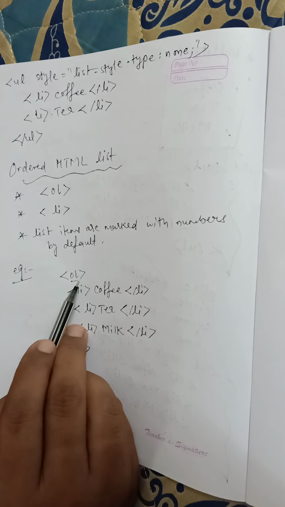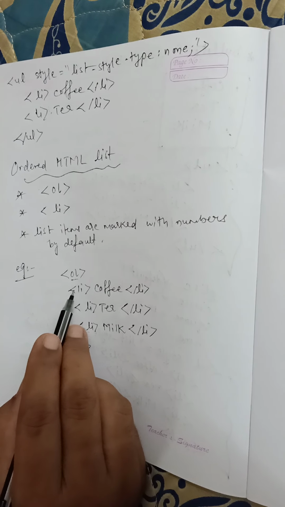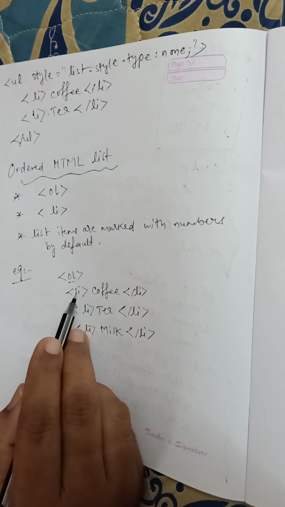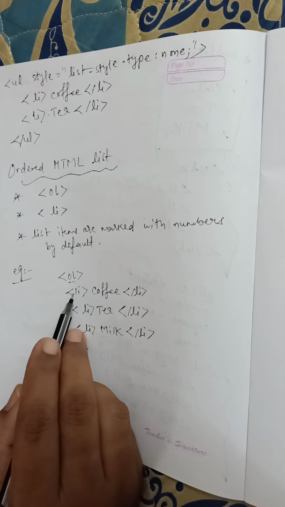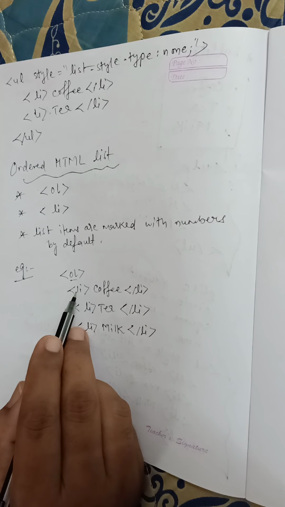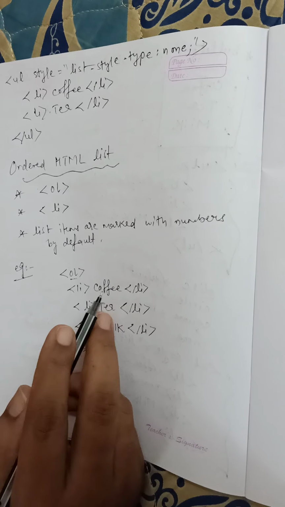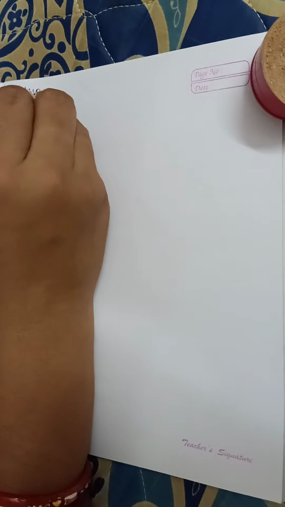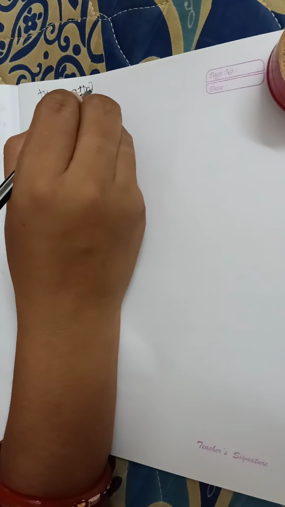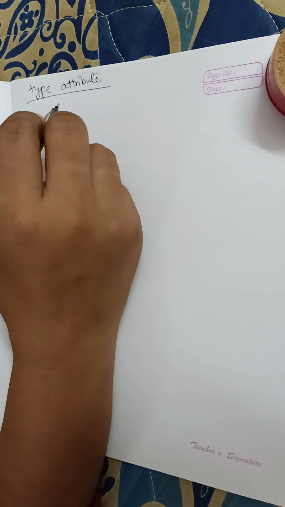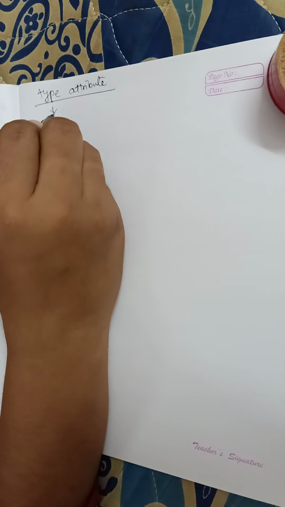Now for ordered list, to make the difference in the numbering system, usually it is 1 2 3 4, that is by default. Suppose I want to use the Roman numbers or ABCD, so where do I mention it? I can mention it using the type attribute. Now what does it do?